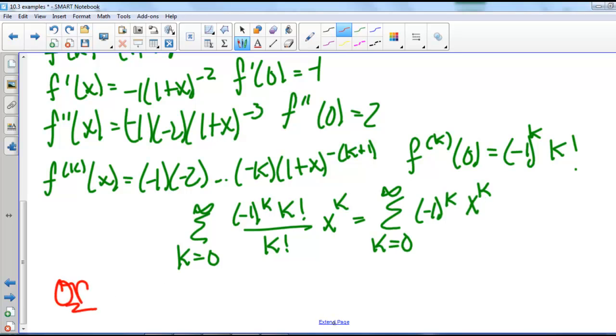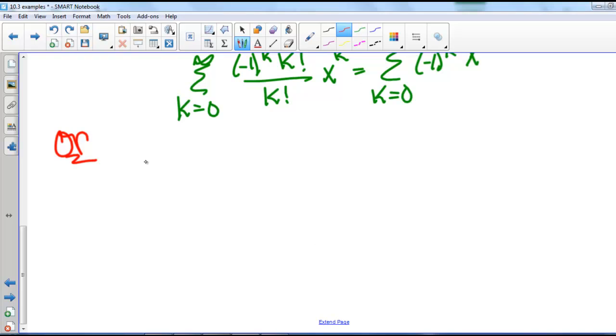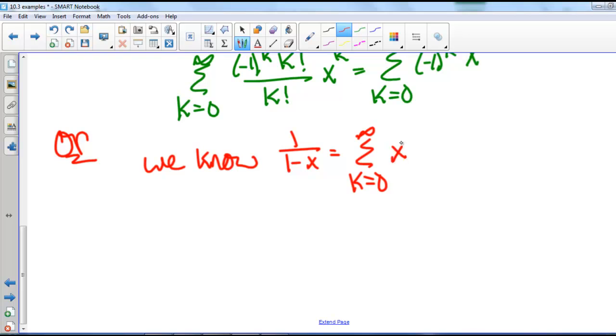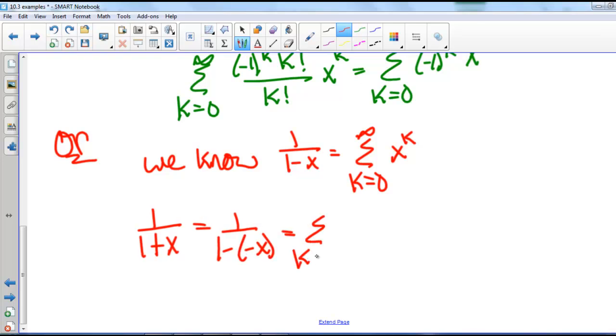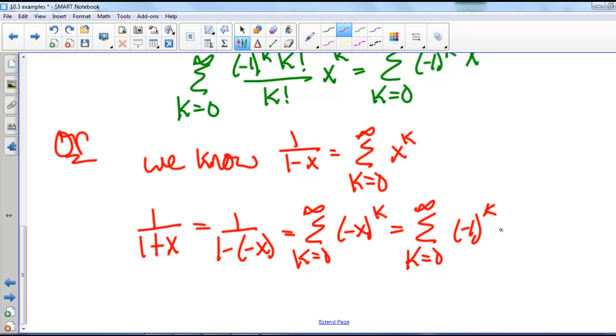Or we also know that 1 divided by 1 minus x equals the series from k equals 0 to infinity of x to the k. So that means that 1 plus x equals 1 divided by 1 minus negative x. So that gives us the series k equals 0 to infinity of negative x to the k, which is the series k equals 0 to infinity of negative 1 to the k times x to the k.